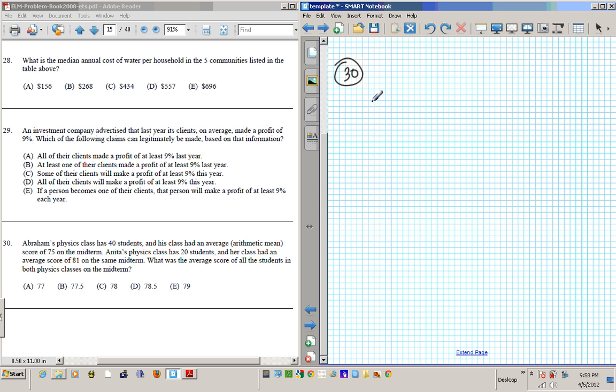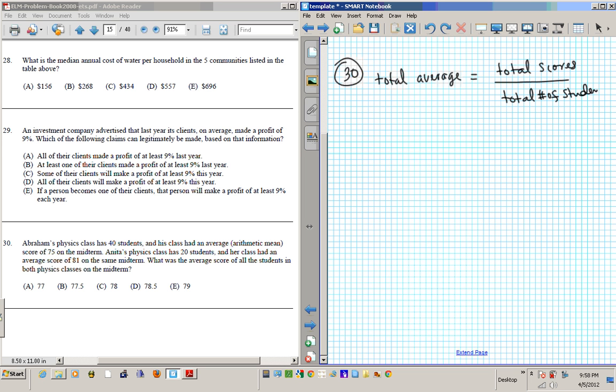The total average, it's just like the mean, okay? Is equal to total scores divided by total number of students.